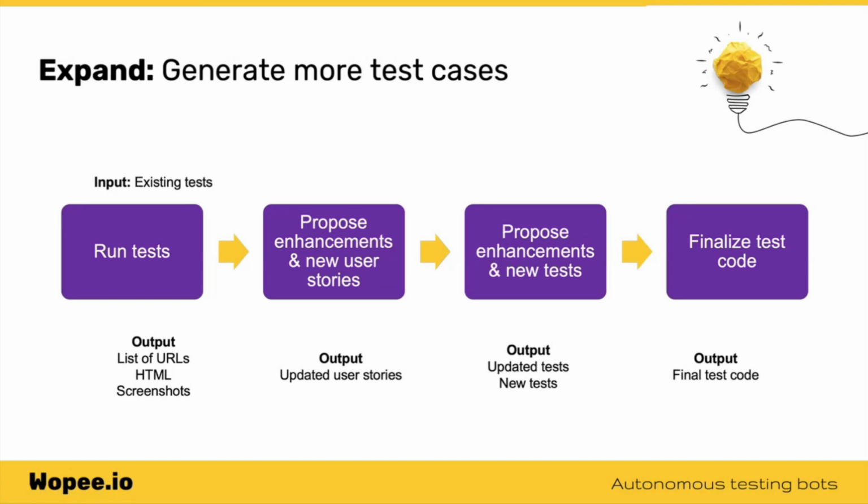Same for generating more test cases. You might even enhance the generation by saying, these are the first tests, please give me 3 or 4 alternatives to expand the coverage. So you could also build on top of the existing test cases which were already generated by enhancing them or using them as examples for getting more tests to cover the flows with different test data.